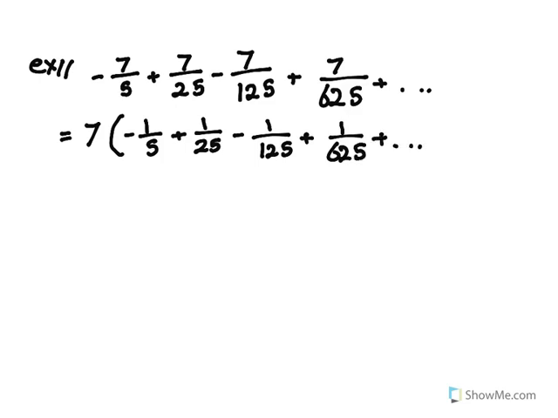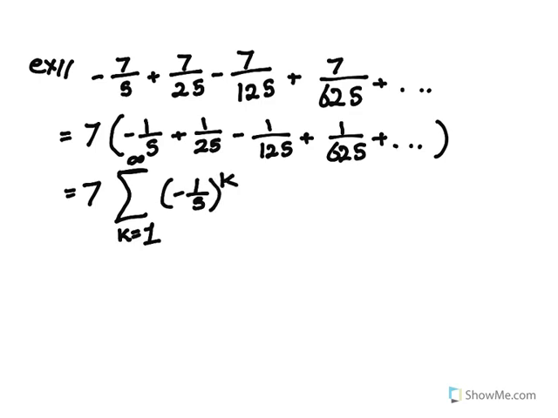And at each step, we multiply the previous term by minus 1/5. So this is equal to 7 times the series starting at k equals 1 to infinity of minus 1/5 to the k.